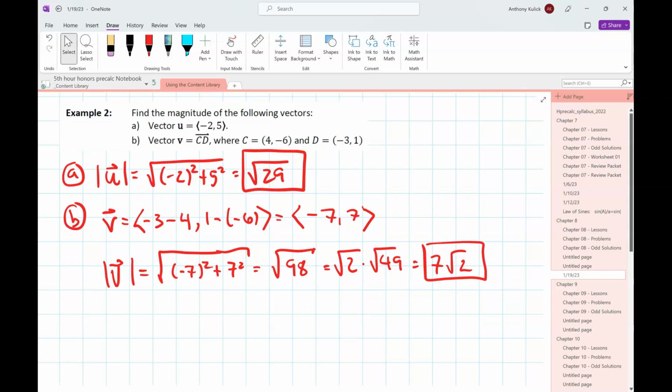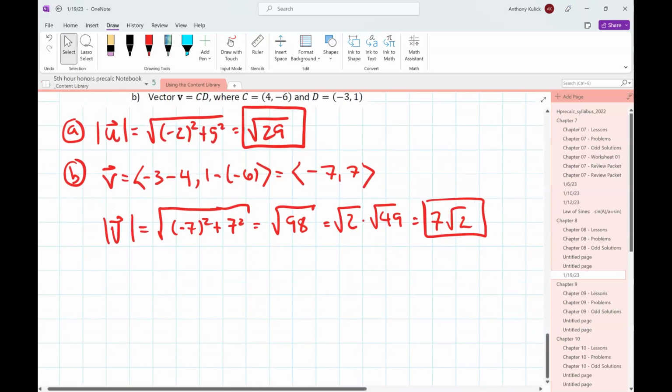Here's the good news. You already know how to do this. And you're going to say, I don't know about that, Mr. Kulik. I'll say, sure you do. Let me drop in and we'll do a numeric example and show you that, yeah, you already know how to do this.